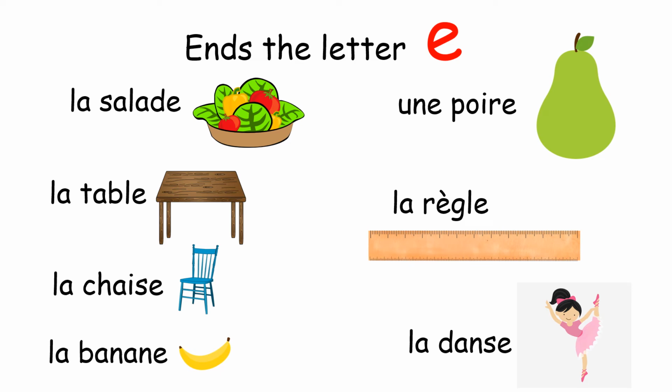So generally speaking, if a noun ends in the letter E, it tends to be feminine. So par exemple, la salade, une poire, la table, la règle, la chaise, la banane, la danse. So they're all feminine. And with French, there are always exceptions to the rule, so this is not foolproof. But generally speaking, you can pretty much guess that most of them will be feminine.